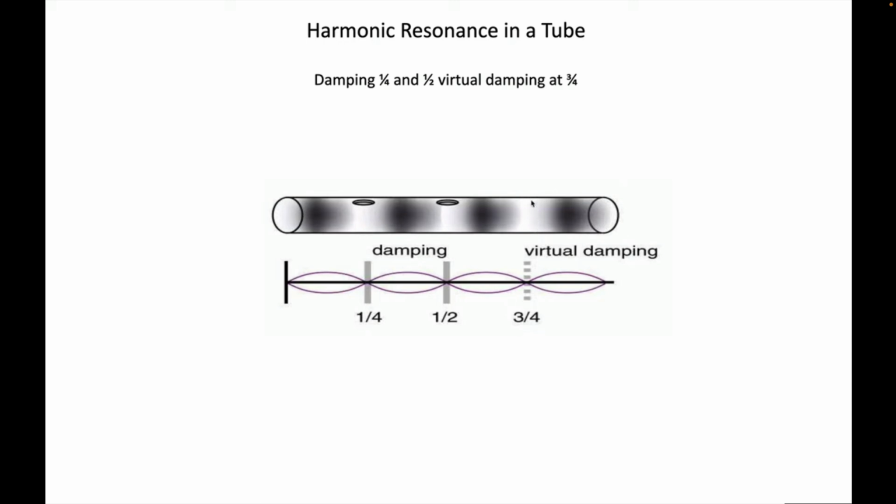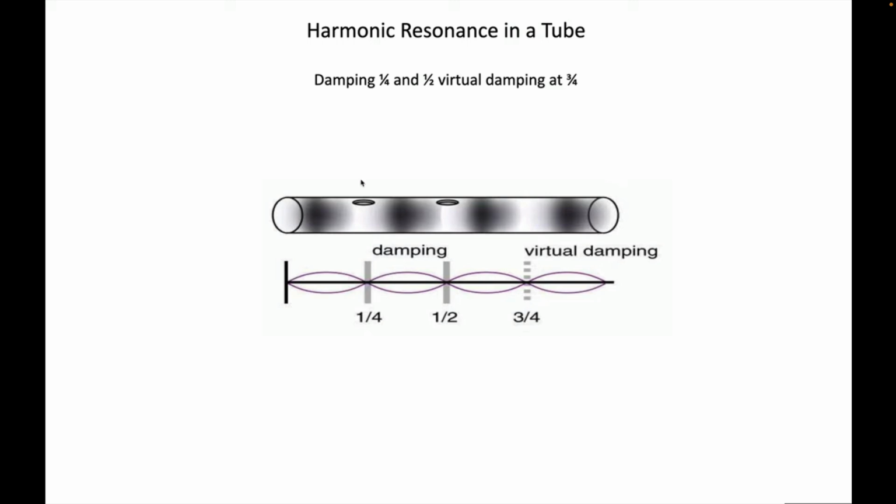Now, curiously, when you damp this quarter length of the tube, there's also a virtual damping that appears over here because it's the fourth harmonic. So any energy over here leaks out through the hole at the quarter distance.